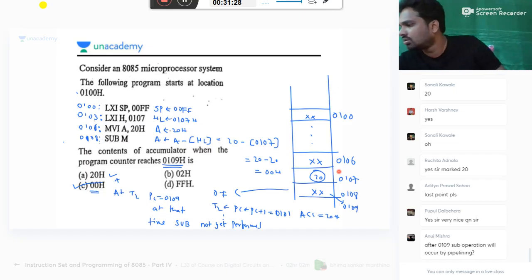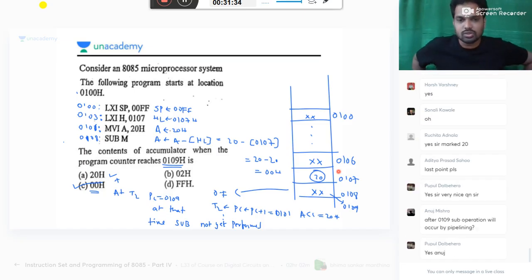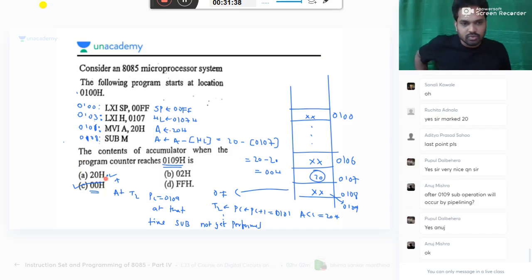Just wait. Okay. Yes, Anuj, correct. So if his terminology is a little clearer, we can say better. Okay, but you know the concept behind it. So shall we move to the next question?